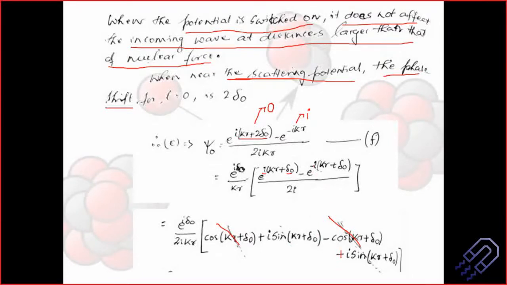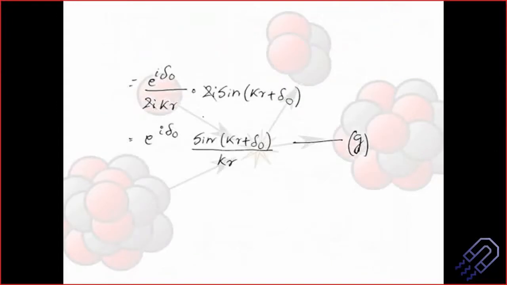If we take the example, this will be cos x minus i sin x, and if you open the bracket, this will become plus, minus and minus plus. So this is plus, this is plus, this will become twice. So if we go to the next slide, 2i sine of kr plus delta naught, the 2i gets cancelled, and then we have e to the power i delta naught sine of kr plus delta naught, divided by kr.